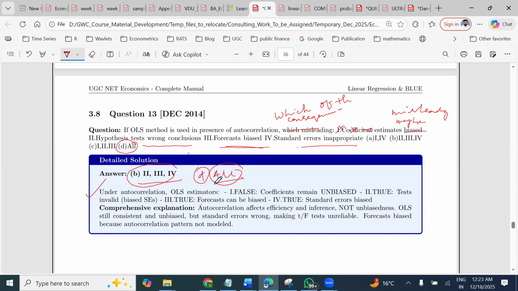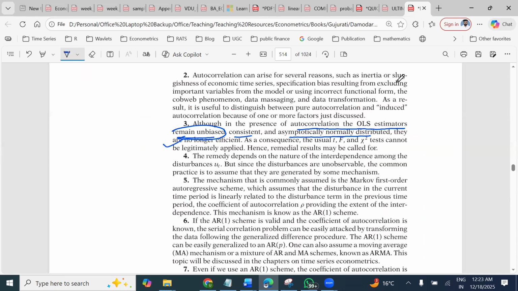Are you getting my point? You just see it is written, no? The t and F chi-square test cannot be legitimately applied. Sir, here in the explanation it is written that when autocorrelation is present, OLS estimates of the coefficients may still be unbiased, but they can be misleading because they may not represent the true relationship between the variables effectively.